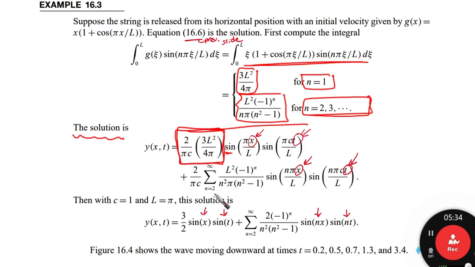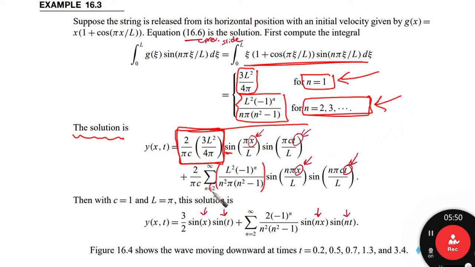from n equal to 2 to infinity, this fraction here we have obtained, because we are dealing with an interval: one interval is n equal to 1 and another is n equal to 2, 3, 4 and so on.